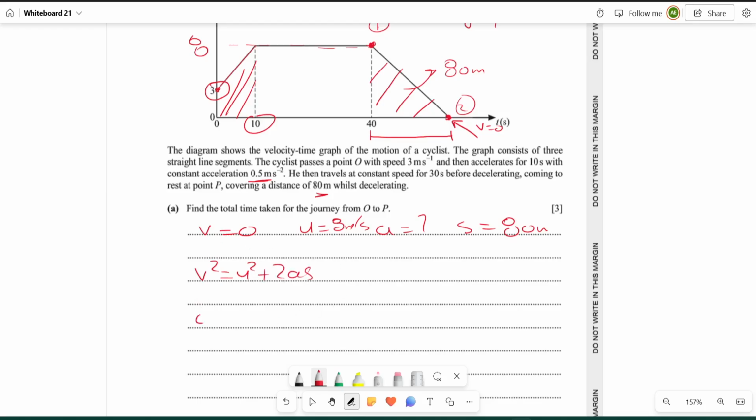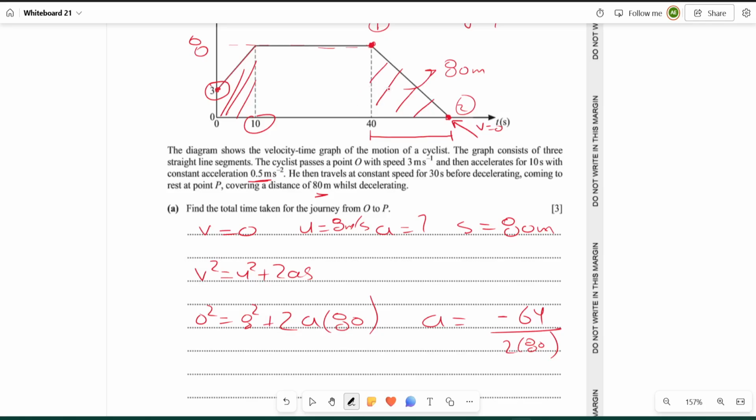So 0 squared equals 8 squared plus 2 times acceleration times displacement, which is 80 meters. So from here I can find acceleration.